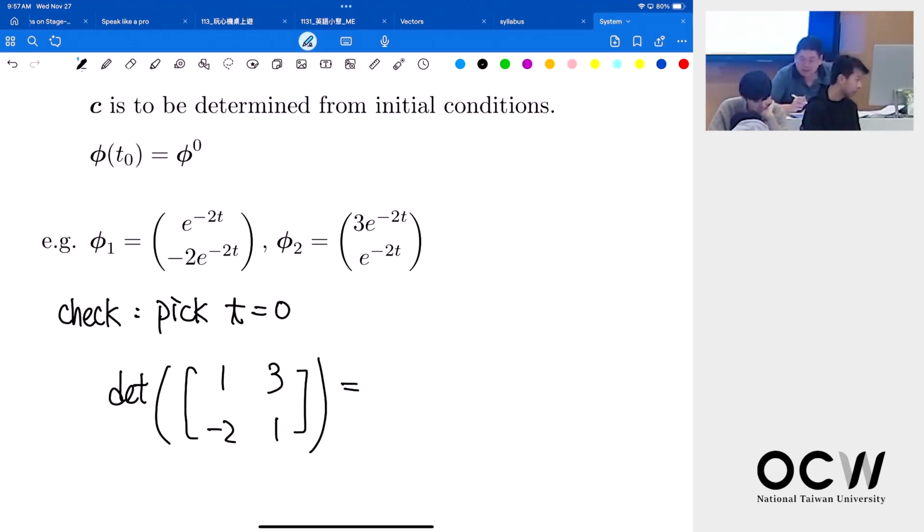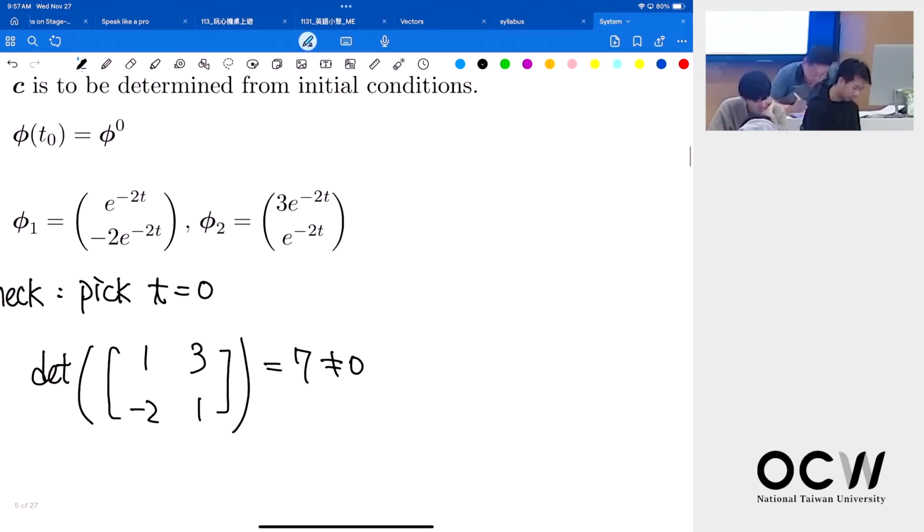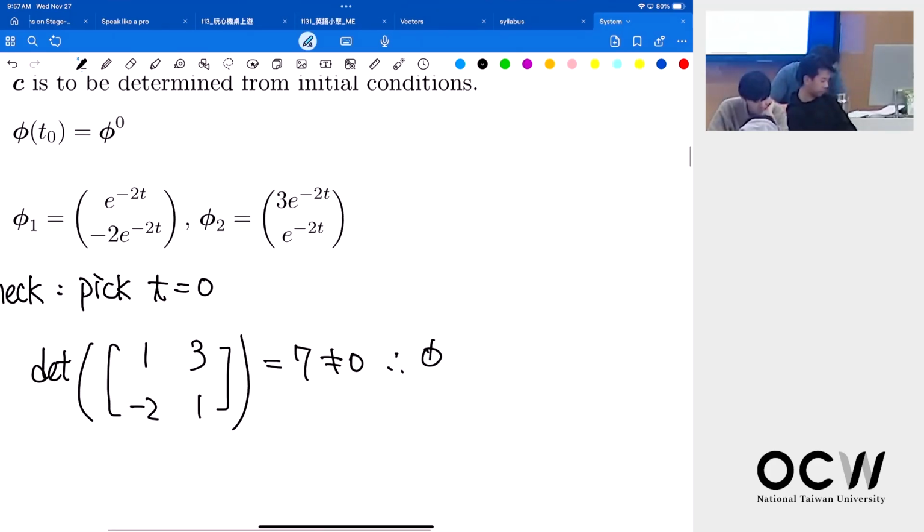And what is the determinant for this matrix? 7, and it is not 0. So we know phi 1 and phi 2 are linearly independent.